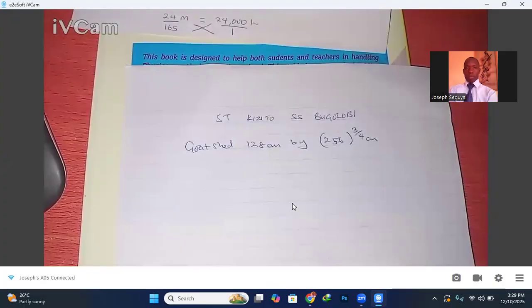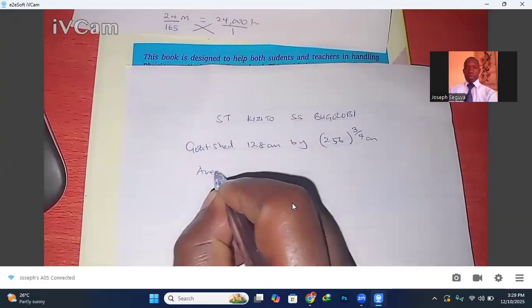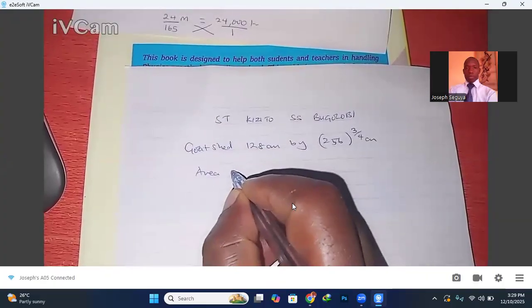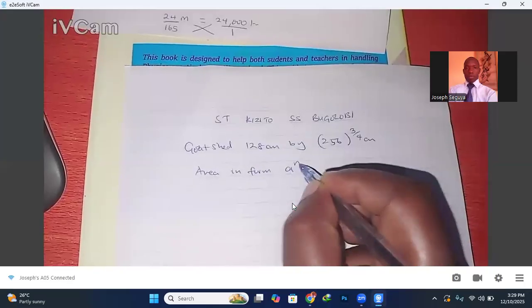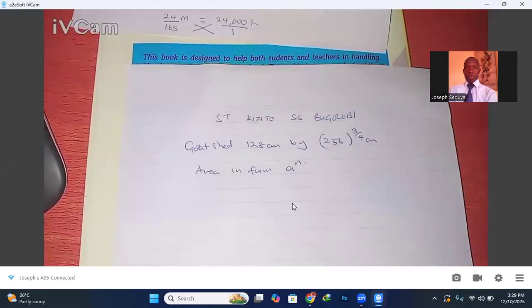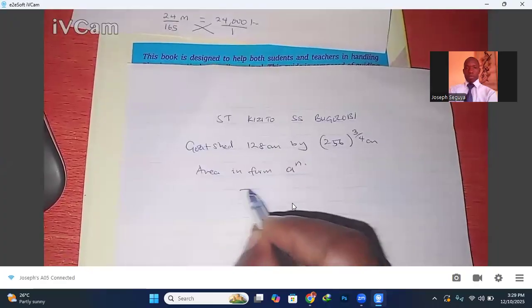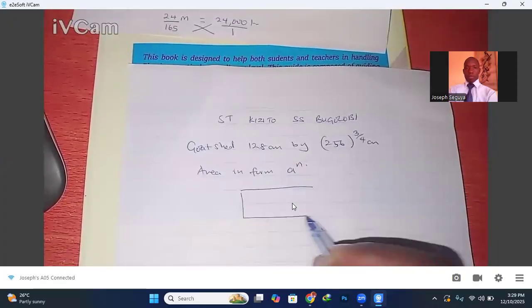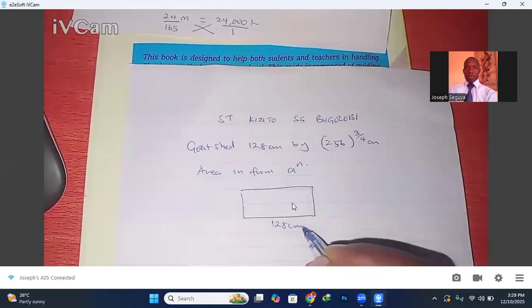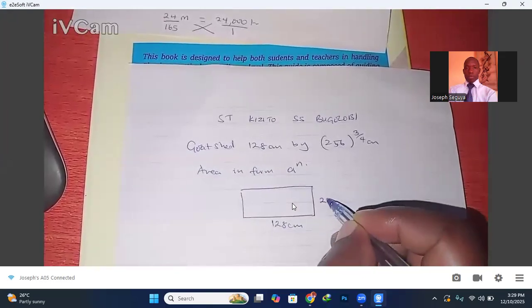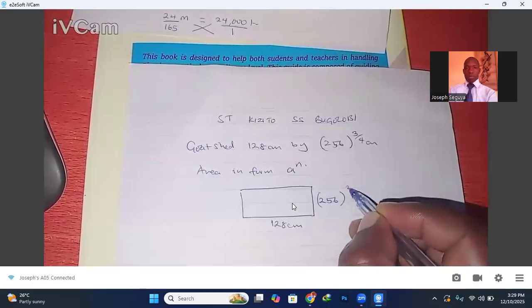So they want us to write the area in the form of a to the power n. Remember, this is rectangular. Maybe it is like this, with 128 centimeters by 256 to the power 3/4.